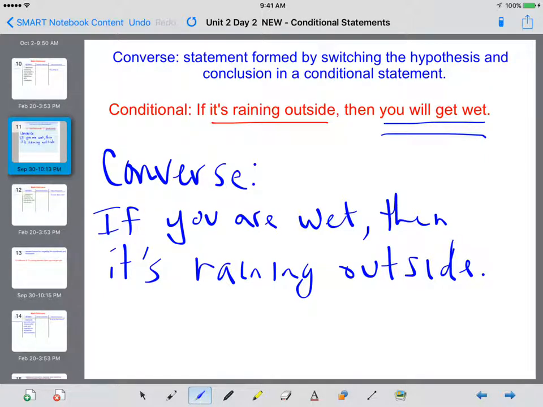So notice how I didn't just leave it as you will get wet. If you will get wet, then it's raining outside. We still have some grammatical things that we need to address. So we can rephrase it as, well, if you are wet, then it must be raining outside.